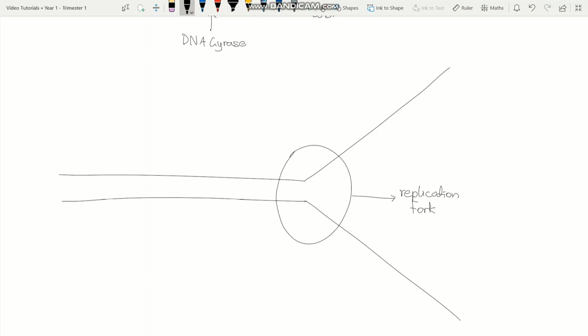Now, this replication fork is where the two strands actually separate, and the two strands that separate are called the leading strand and lagging strand. And they are called so as they have different functions.